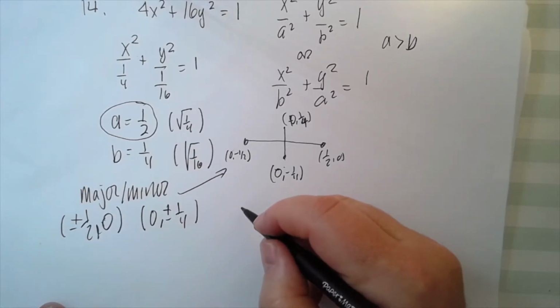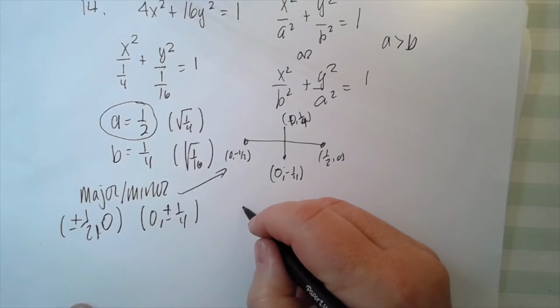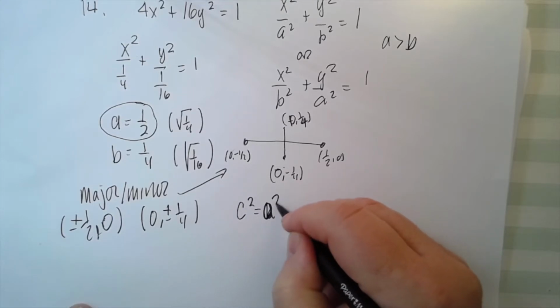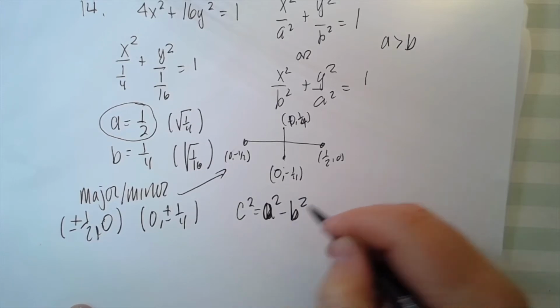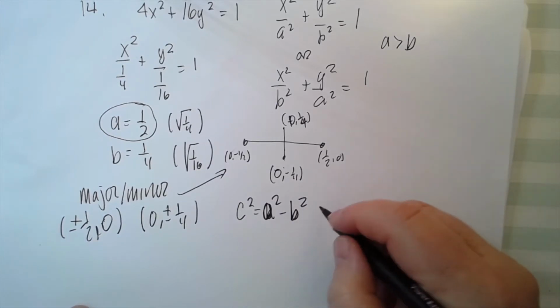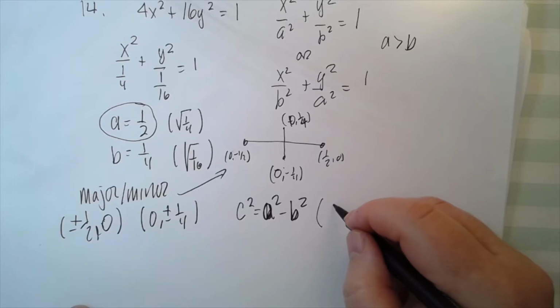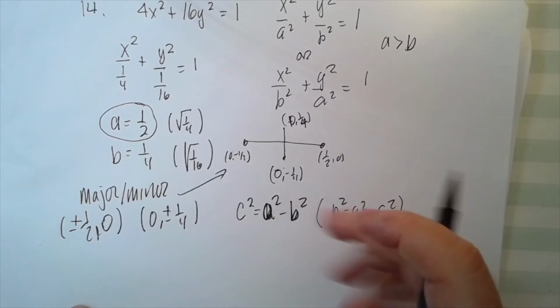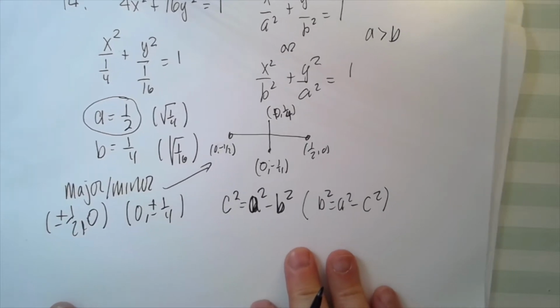Now, the relationship is that we know that c squared is equal to a squared minus b squared, like this, right? Or we could always do it as b squared is equal to a squared minus c squared. They just switch places, so whatever you're given, you can always just rearrange it.